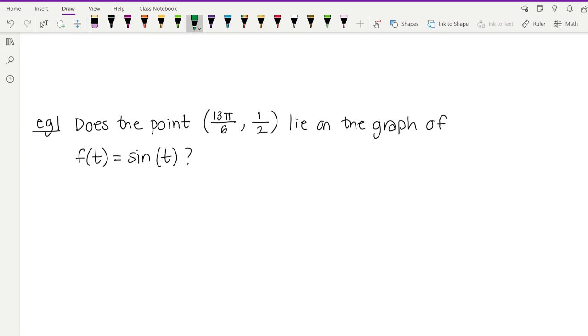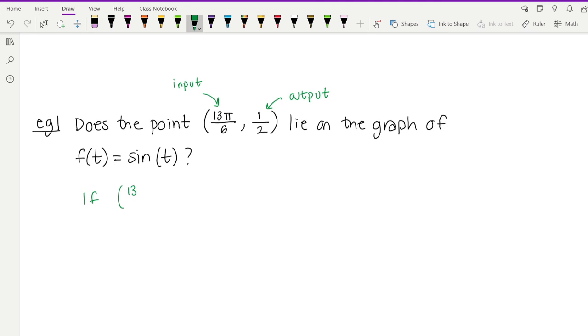Well, remember that for any point that lies on a function, the x-coordinate, the horizontal coordinate, should be your input, and the vertical coordinate should be your output. So if this point does lie on the graph, if we plug 13 pi over 6 into the function, we should get 1/2. Let me write that down.